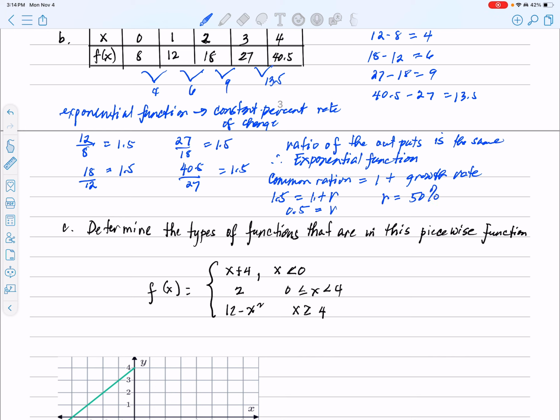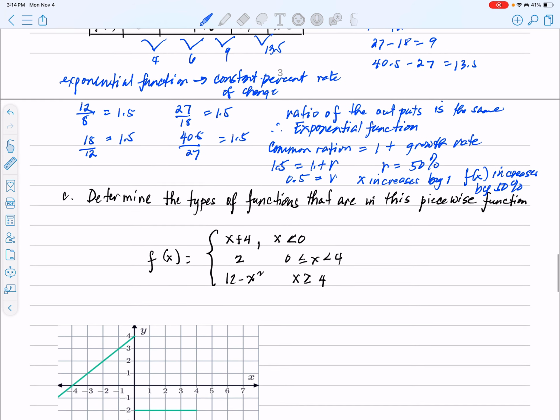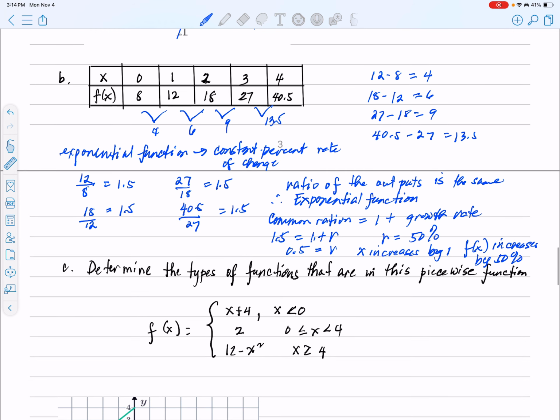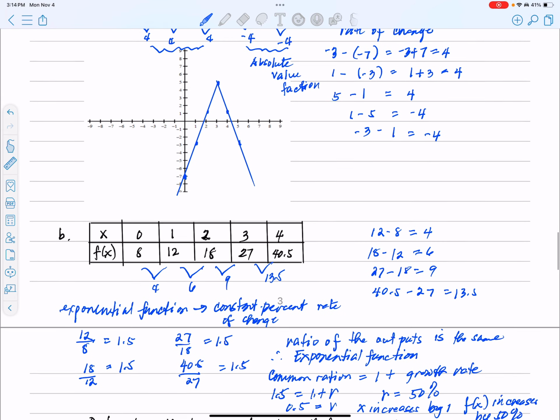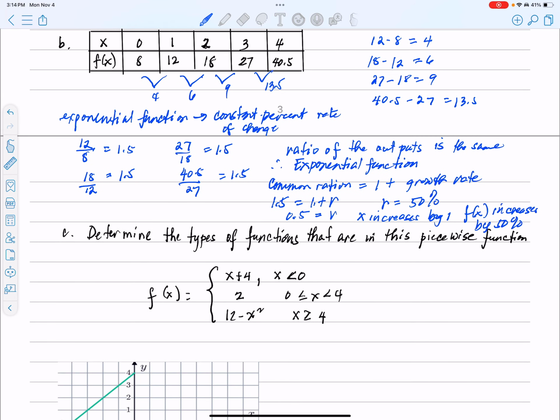This means as x increases by 1, the function of x increases by 50%, the rate of change. Okay. So we have 1 here, an absolute value function, and this shows an exponential function.